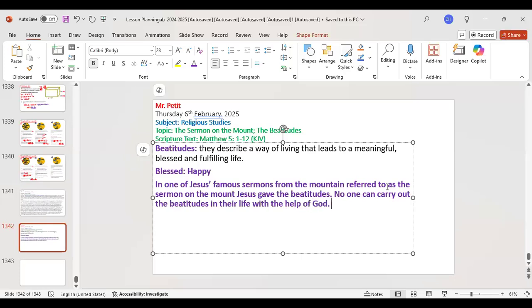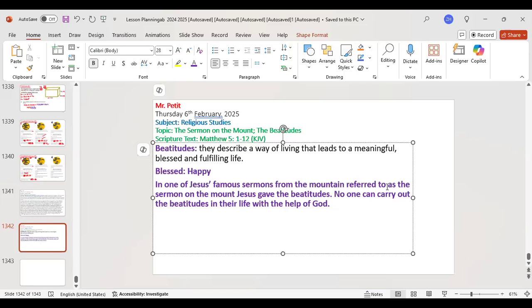Of God. You can't just say, I'm going to do the Beatitudes because I'm nice like that. No, you need God's help to fulfill the Beatitudes because they are not easy. Flesh and blood is not going to help you with that. You need God's Spirit to help you.